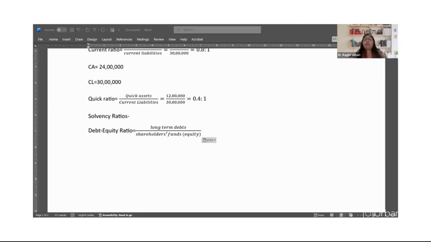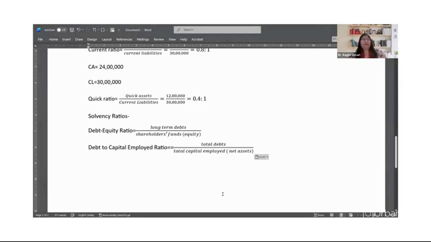How can you calculate total capital employed?